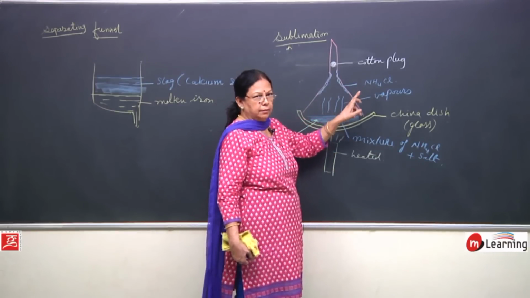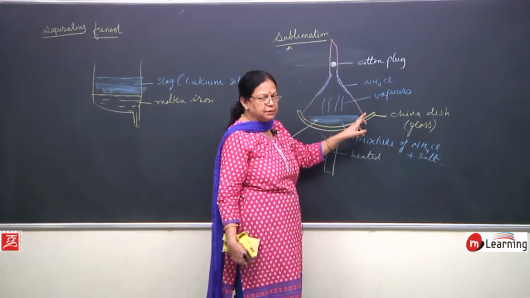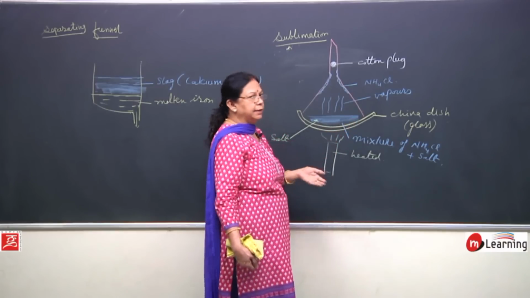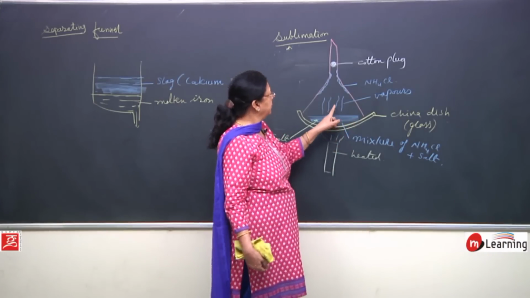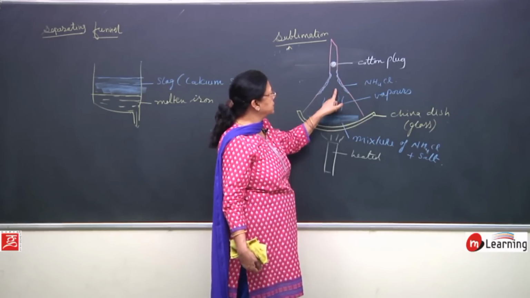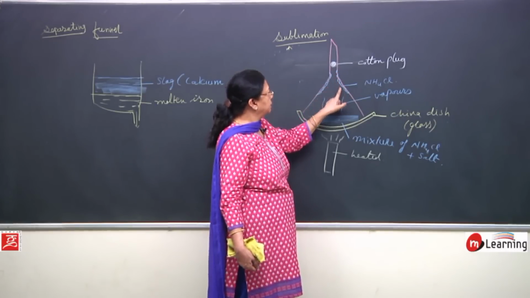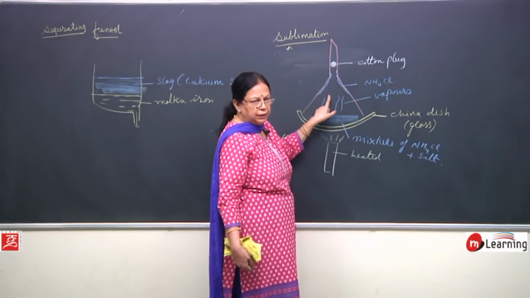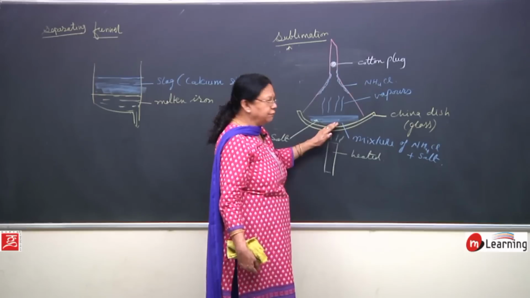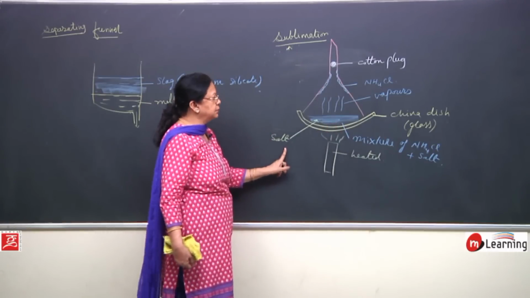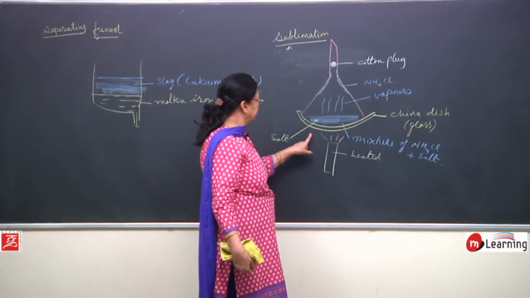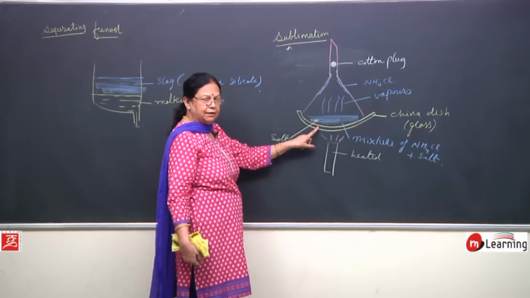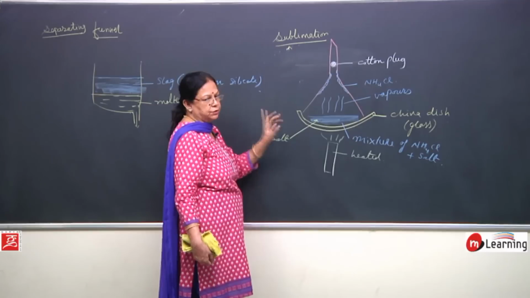Ammonium chloride, because it is a sublimate substance, will directly change from solid to gaseous state, and vapors of ammonium chloride will rise here, and you will get deposition of ammonium chloride here, right. And whatever is left in the china dish, that is salt.